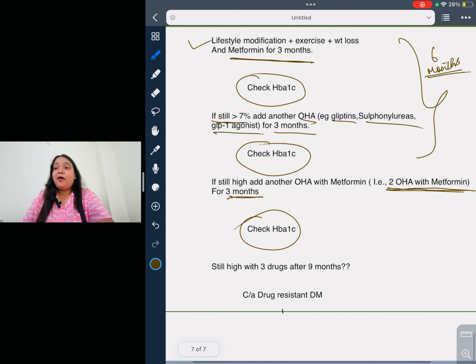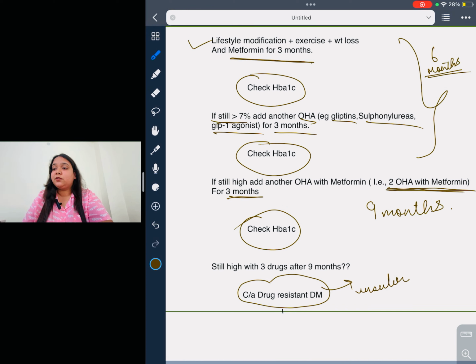But this time, after 9 months, if still the HbA1c level is not normal, then you can consider this case as a drug-resistant diabetes mellitus. And for the treatment of drug-resistant diabetes mellitus, you have to go with insulin infusion. So once drug-resistant diabetes mellitus is diagnosed, go with insulin. These OHAs, they won't work.